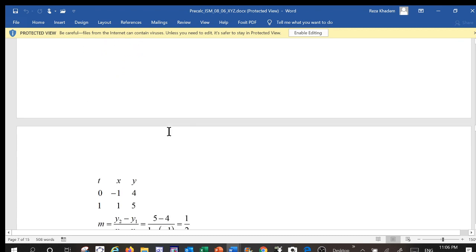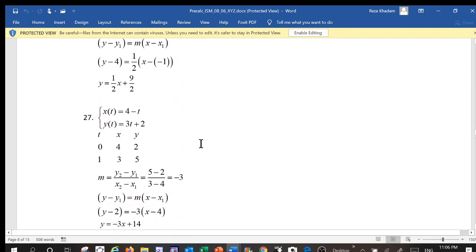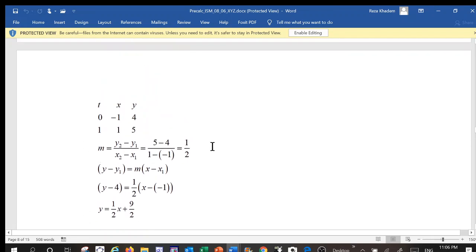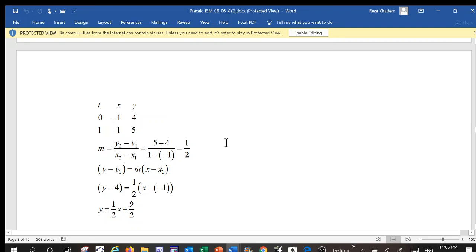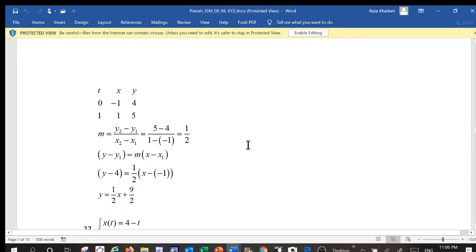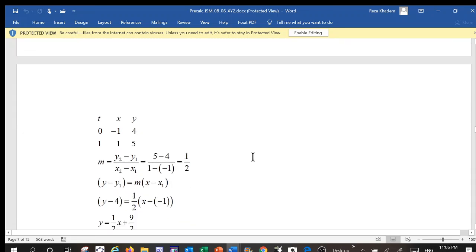We did that. Remember, I did 2 examples in the PowerPoint for you. You take 2 values of t and see what x and y you get, and then convert it that way to Cartesian, right? So let me look at one of them.